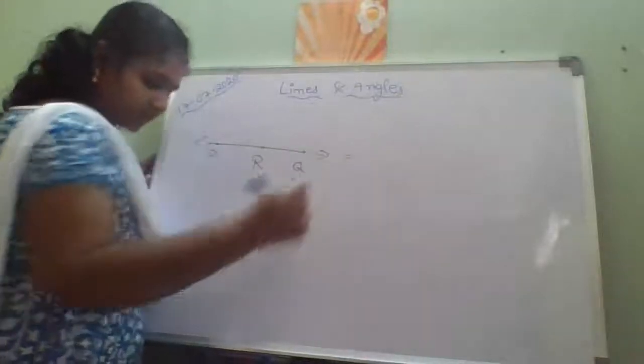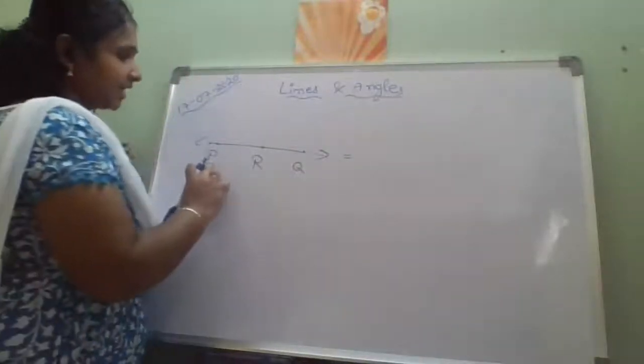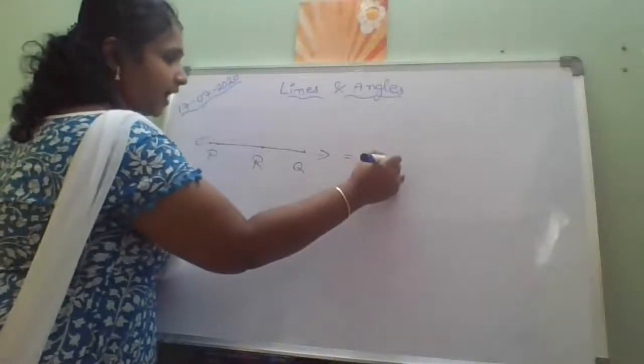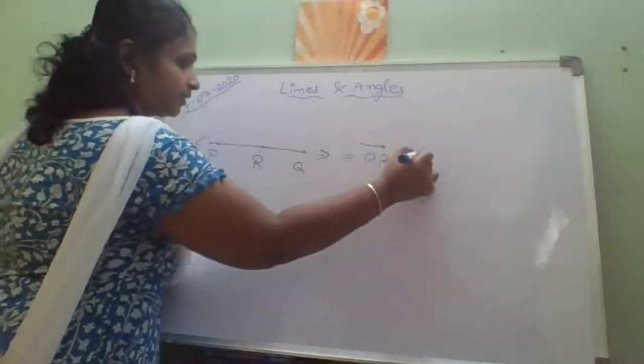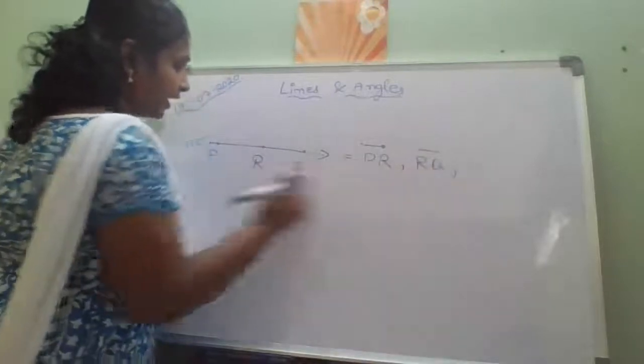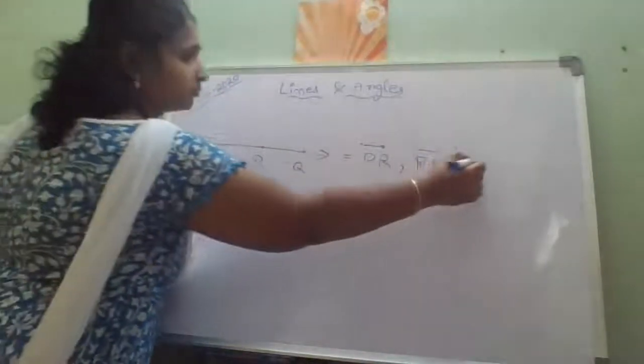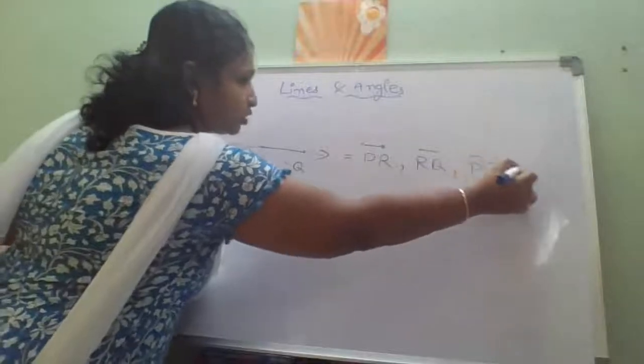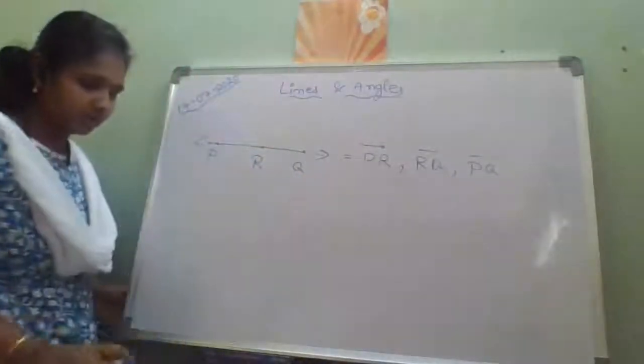Three line segments. Those line segments are PR, RQ, and PQ. So three line segments are there.